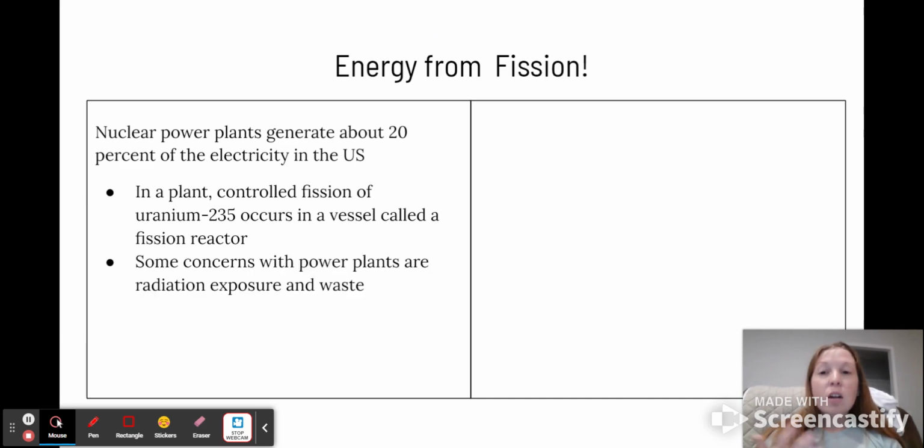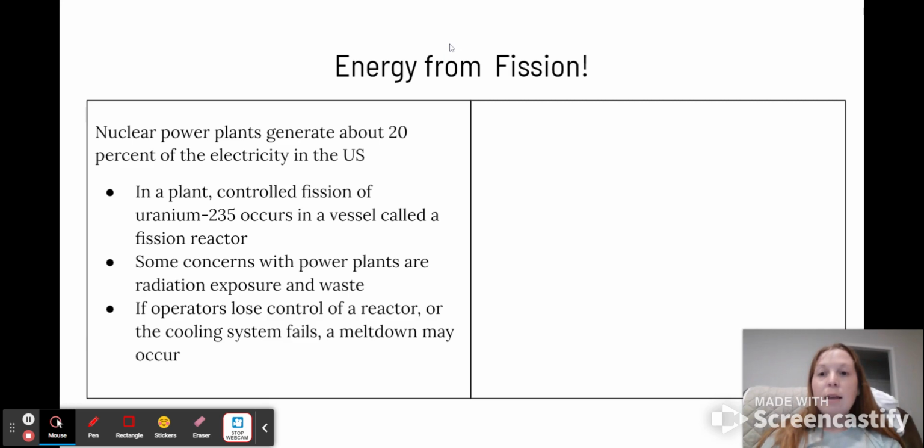And there are some concerns with power plants, just as there should be, such as radiation exposure, nuclear waste. How do we store it? How do we get rid of it? How do we keep it from being exposed to the surroundings? And then also, basically power plant meltdowns, right? We don't want that to happen.